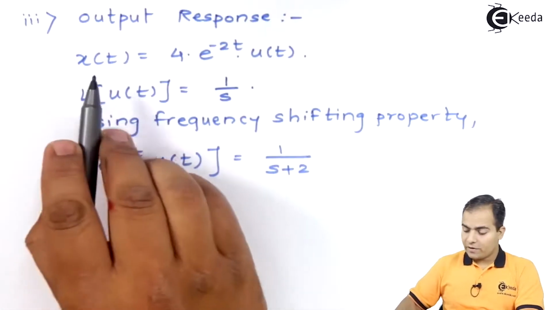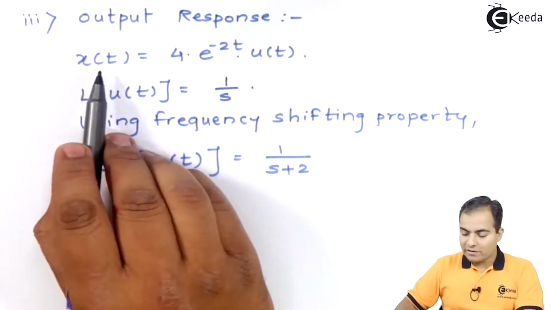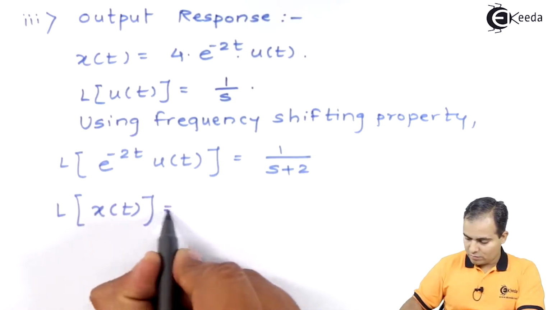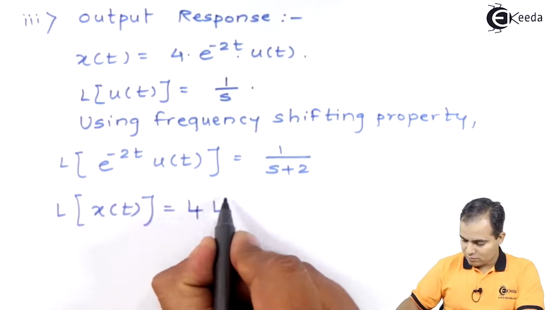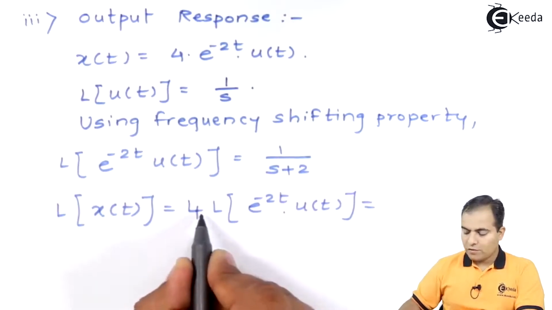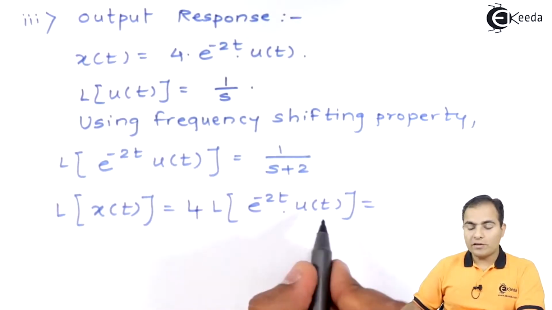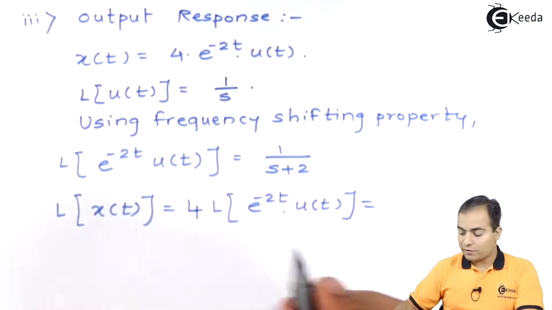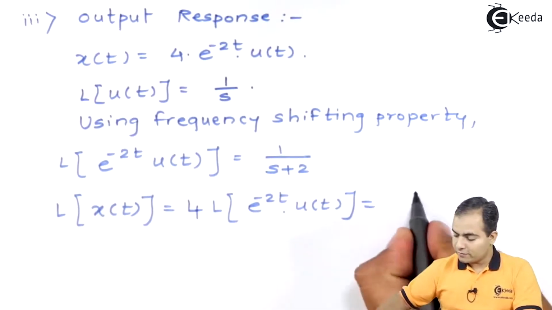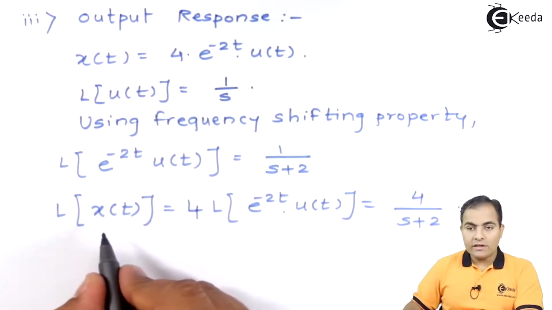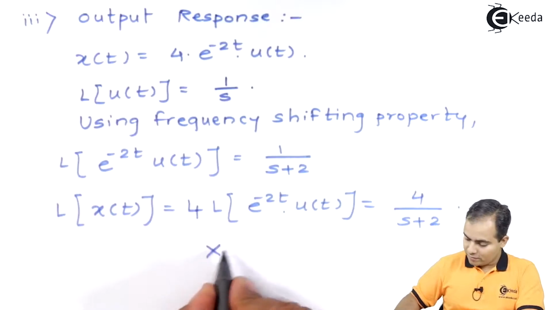What is the next step? We have to find the Laplace transform of x of t, which means four into the Laplace transform of e to the power minus 2t u of t, and this you have already calculated, and it is 1 upon s plus 2. So this is nothing but our x of s.